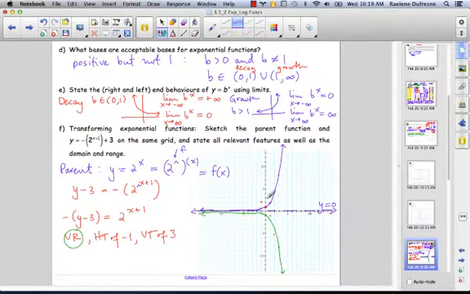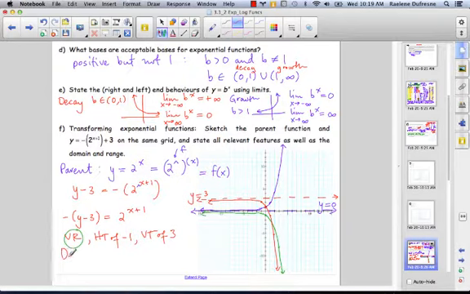So my new horizontal asymptote will be located at y equal to 3. And that will really help to guide the rest of the graph after transformation, because I know that my graph still will not, from green, cross the red horizontal asymptote. And so we get something that looks like this.